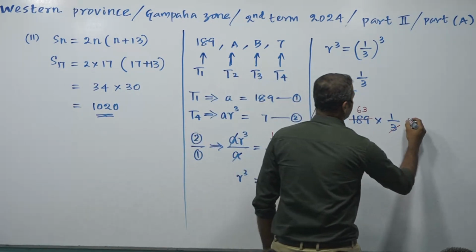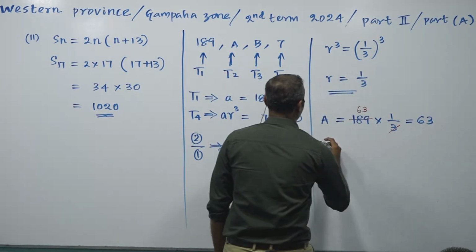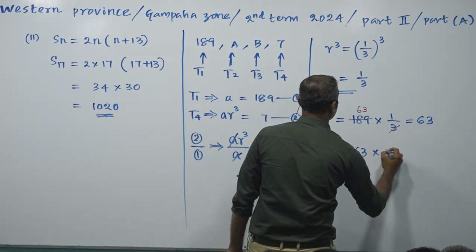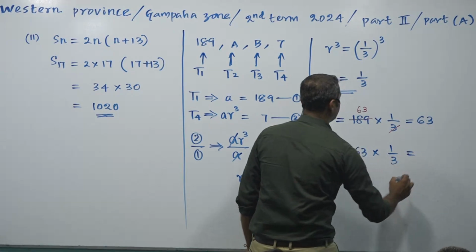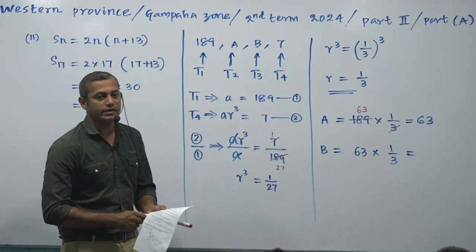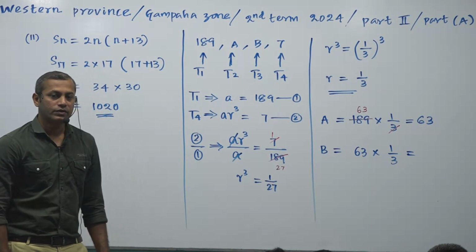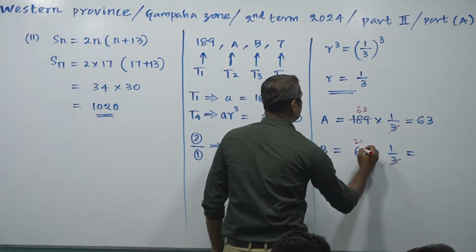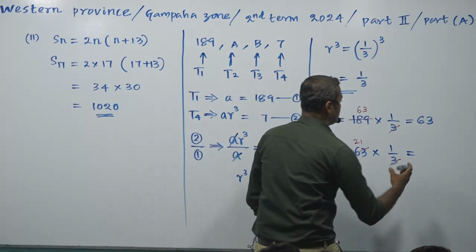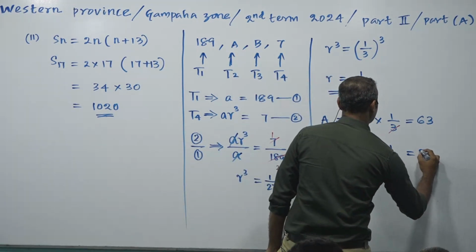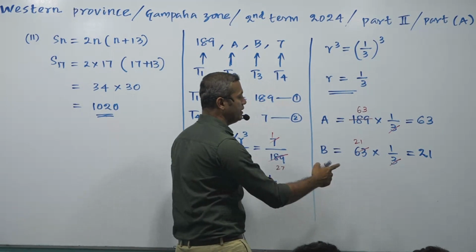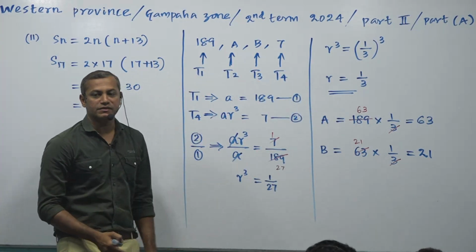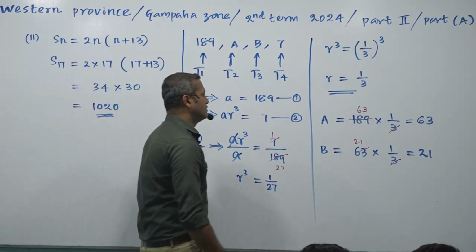Then A equals 63. How to obtain B? 63 into 1/3. It's a simple method, right? Just multiply by the common ratio. Then how many times? 21. Then again, if you multiply 21 by 1 over 3, you will get the fourth term. It is 7. Yes or no? That's how you do it.